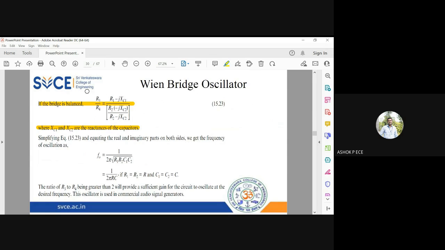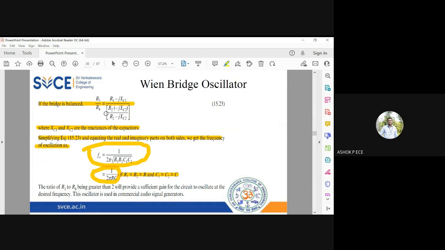If you simplify this equation and equate the real part and imaginary part, you will get the frequency of oscillation as f0 equal to 1 by 2 pi root of R1, R2, C1, C2. If you take R1 equal to R2 equal to R and C1 equal to C2 equal to C for design simplicity, then f0 will simplify to 1 by 2 pi RC. The R3 by R4 ratio will decide how much gain is required.